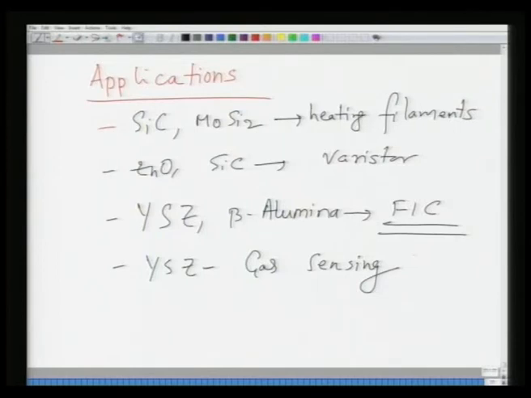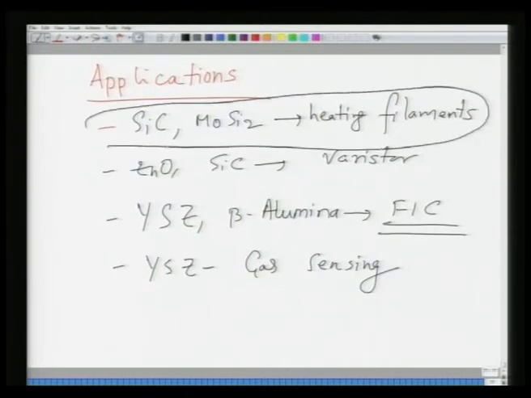So, there are a variety of applications in which they are used. Now, you can see that for applications like heating filaments, one is more concerned with the electronic conduction, while applications like FICs and gas sensing rely more on ionic conduction. So, depending upon the type of application, you are interested either in the electronic conduction part of the solid or the ionic conduction part of the solid.